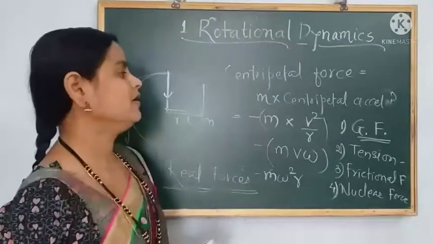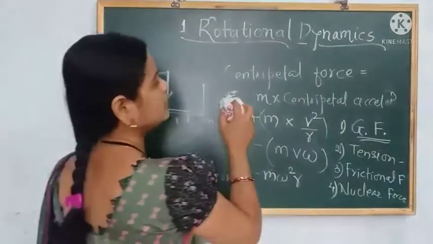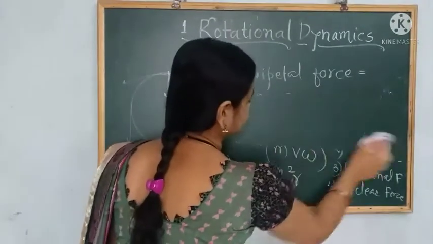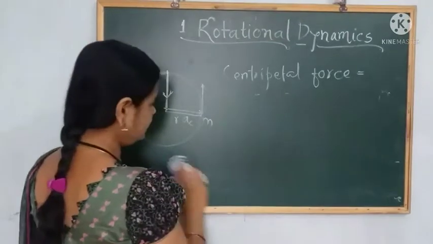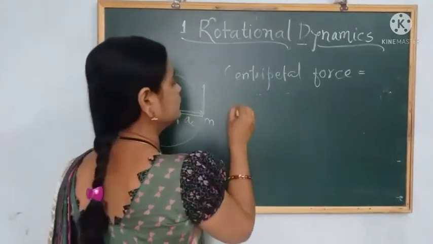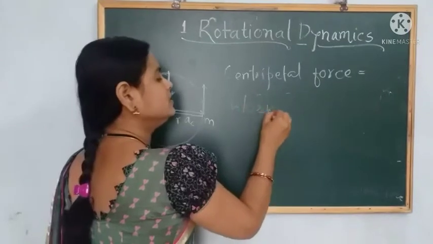In this case, the net work done is 0. Why is it 0?